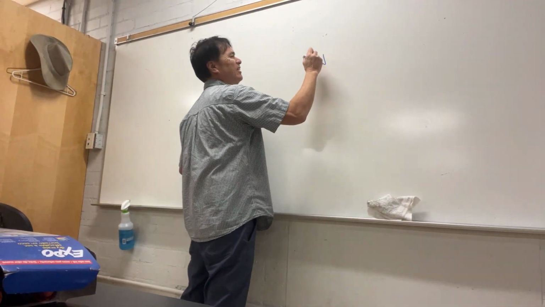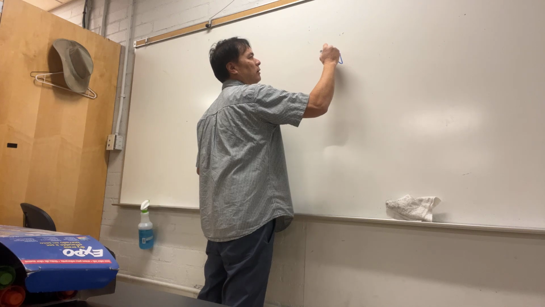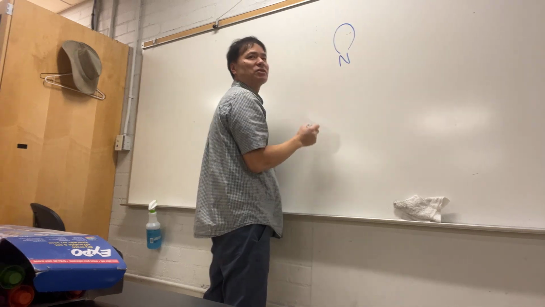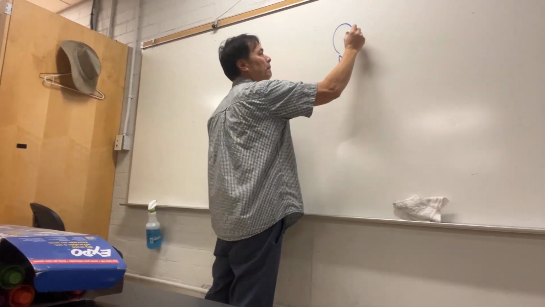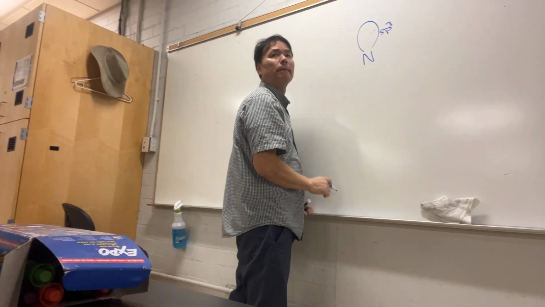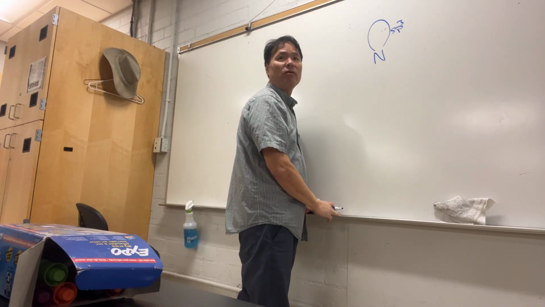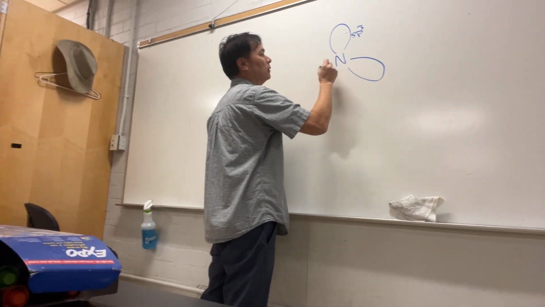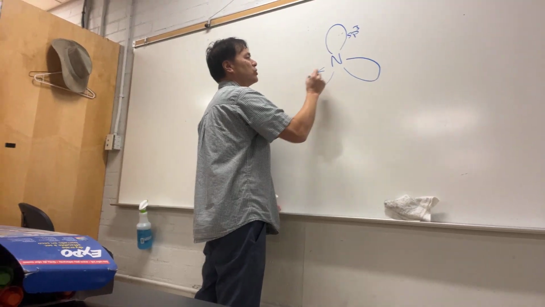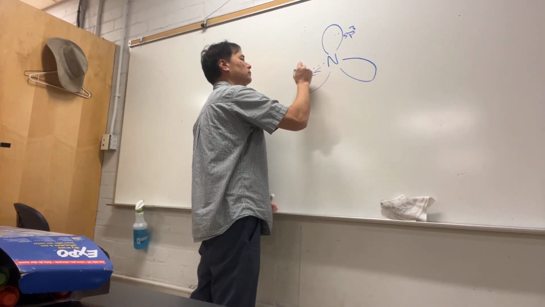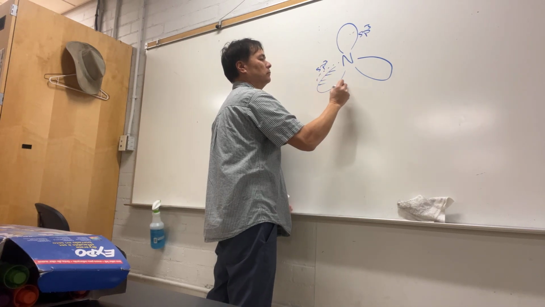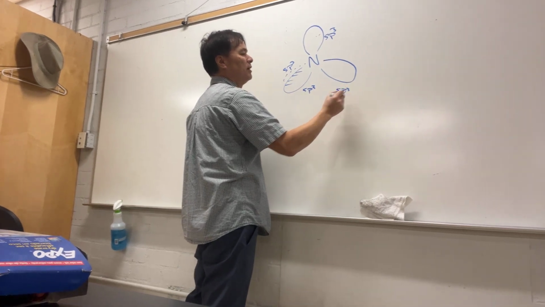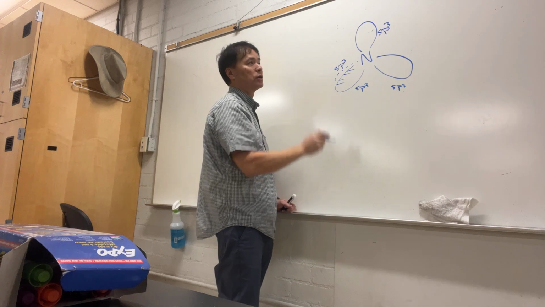So for the nitrogen, we're going to have sp3 hybridization. How many sp3 orbitals do we have? 4, and in what arrangement? In a tetrahedral arrangement. And we're going to fill these based on the Lewis structure.